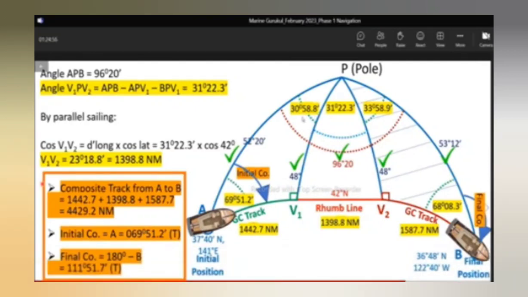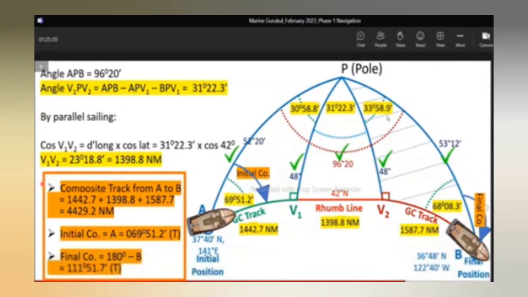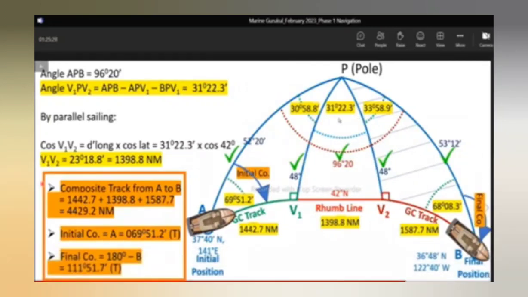Yes, sir. Now coming to triangle Bravo Papa Victor 2, this angle Bravo Papa Victor 2 is 33 degrees 58.9 minutes. We calculated it by Napier's, right? Yes, sir. So you have the total angle 96 degrees 20 minutes. If you subtract these two side angles, Alpha Papa Victor 1 and Bravo Papa Victor 2, you will get the middle angle. Yes, sir. Thank you. Got it, sir. Very good, beta.